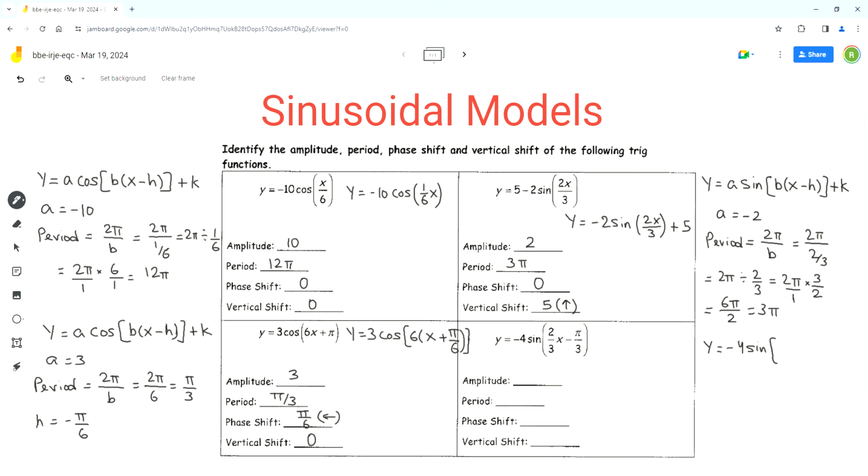We write 2 over 3 outside the parentheses, and then we get x. And now we have to divide pi over 3 by 2 over 3. So there's a very tricky concept you need to understand and memorize.